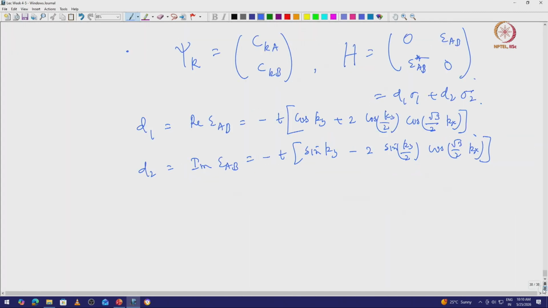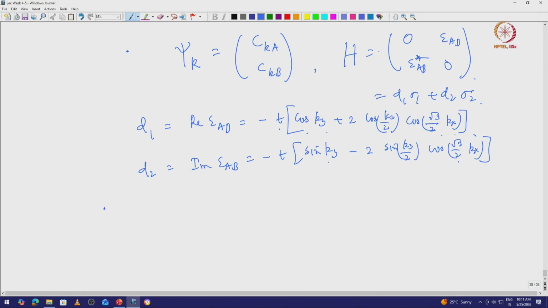Now what is interesting about the graphene lattice is that t is an overall energy scale, so it comes out from the Hamiltonian. The question is whether these terms would vanish at any given point together.